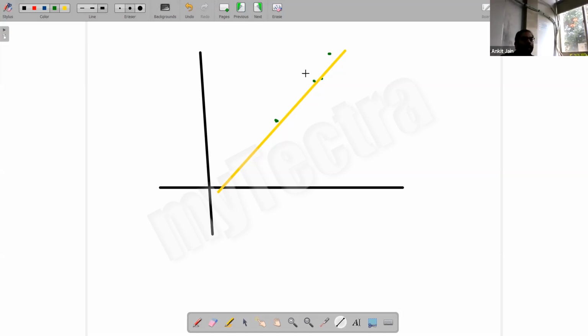Then R square equal to 1 makes some sense, because there were 100 data points and you were able to fit one line to them. But if your number of data points itself is low, say only 2, then optimization has no other way but to go to that line. It will always find that line. So R square as 1 is statistically not important, because you didn't have any other option.